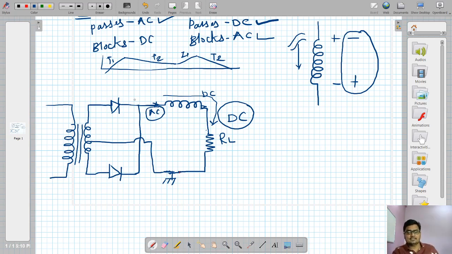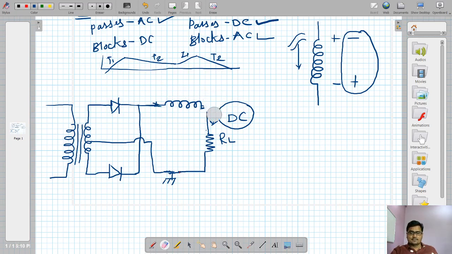And this is why the inductor is always connected in series, whereas the capacitor is always connected in shunt, or in parallel with the load resistor. So this is the actual circuit diagram for a full wave rectifier with inductor filter.